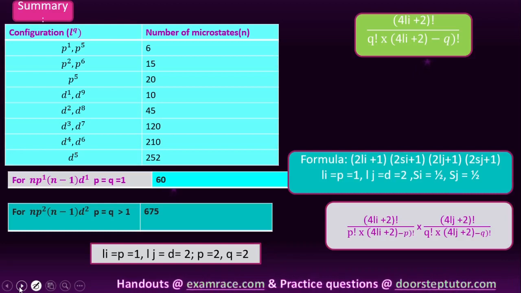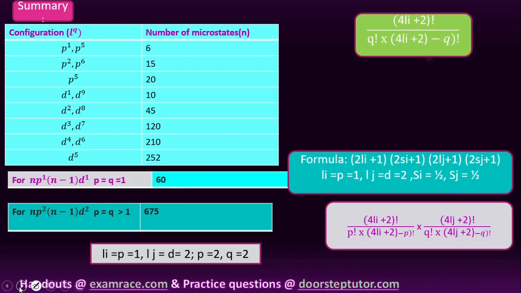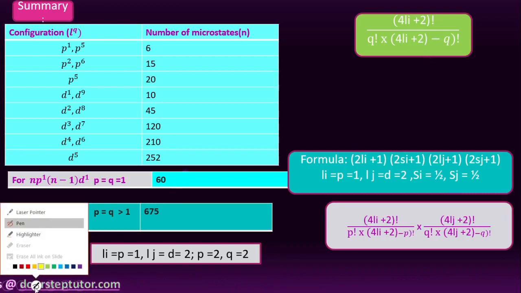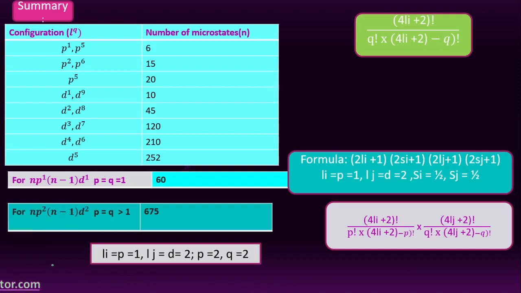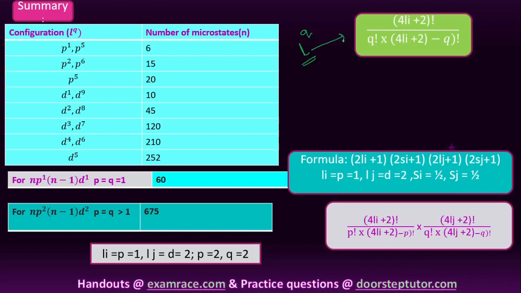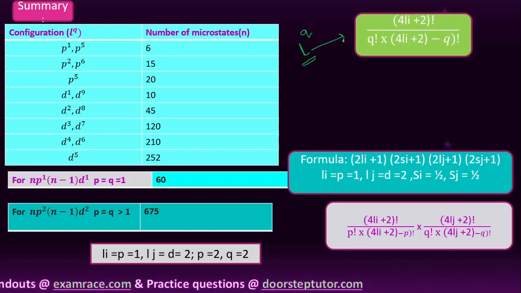For this type of configuration, the formula you can use for l to the power of q type of configuration is (4li plus 2)! divided by q! into (4li plus 2 minus q)!.